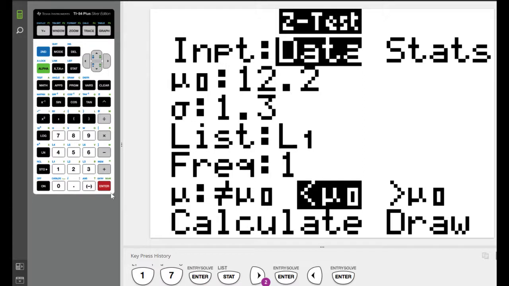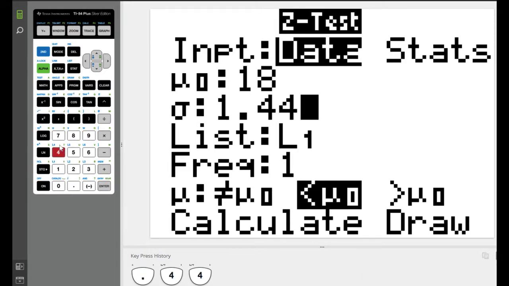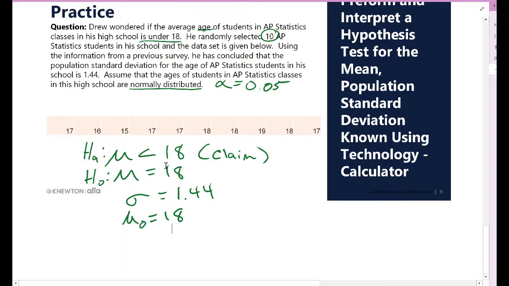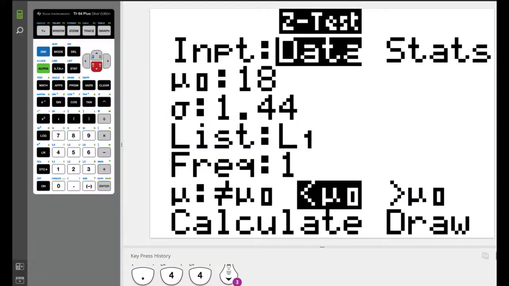We said the standard deviation was 1.44. List is L1, asking what data set you want to perform the hypothesis test on. Frequency, always keep that as a 1. And once again, it's asking what tail test is this? This is a left-tailed test. It is selected. We go to calculate.